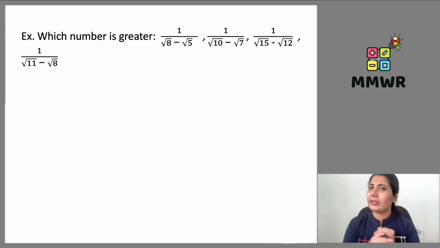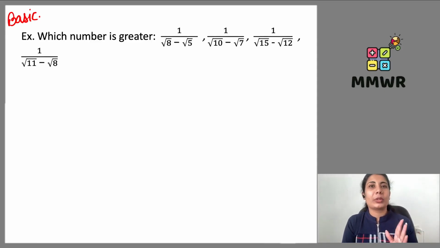The method is easy, but at the end, ये आ गया तो अब क्या करना है? किसको big number and किसको small number we have to decide. That is sometimes difficult to remember. So that is why I will be showing you first the basic method, the detailed reason for it, and then we'll be looking at the shortcut one.